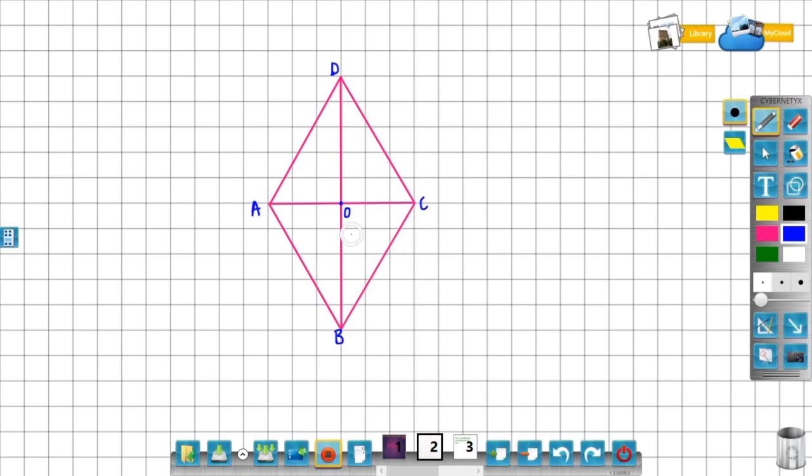You can measure the length of the sides and you can also measure the angles. If you measure angle DOC and angle DOA or AOB and COB, it will be 90 degree.